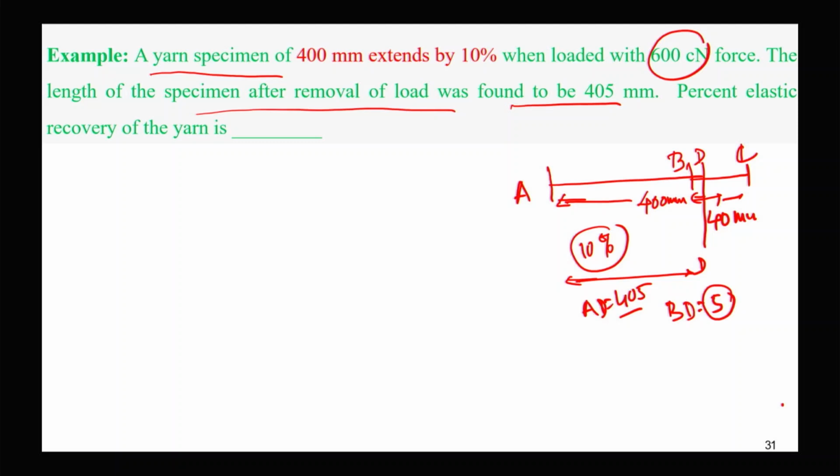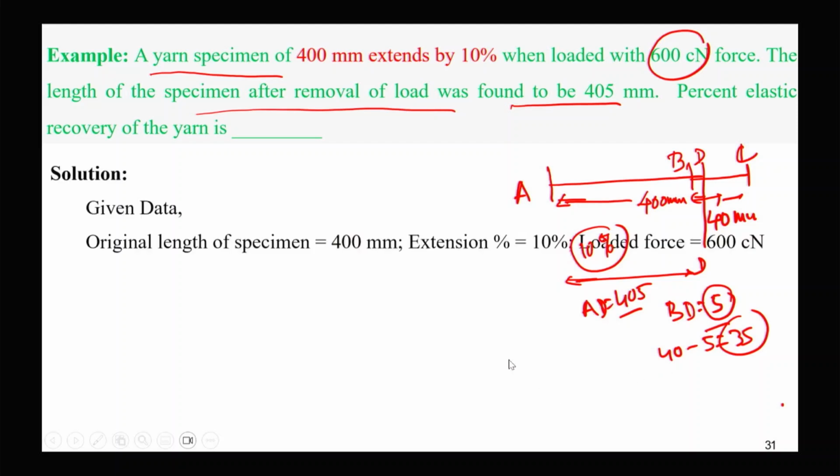The elastic recovery will be 40 minus 5, that is 35, and if we take the ratio we will get the elastic recovery of the yarn.